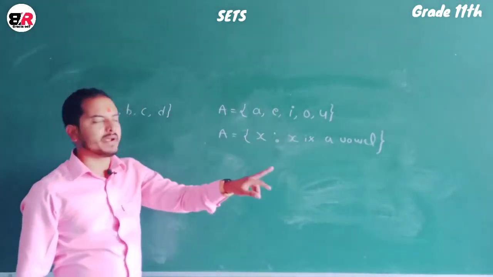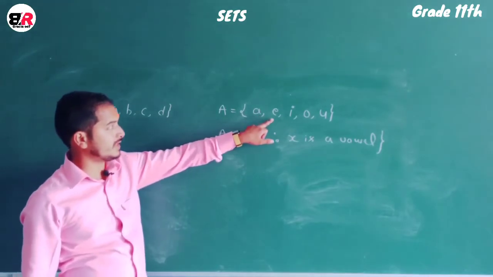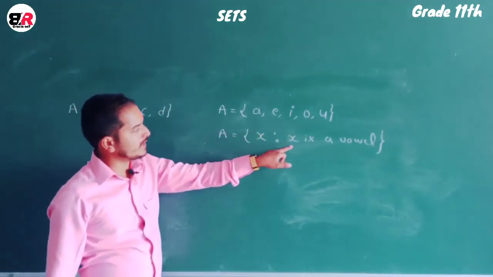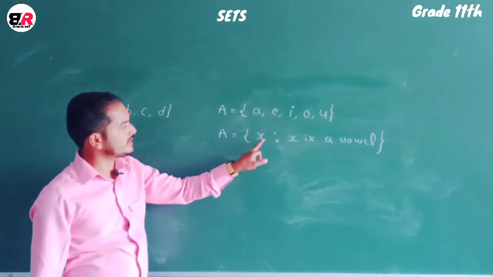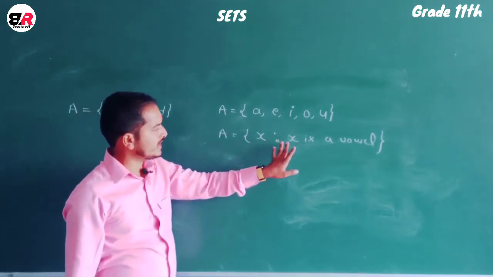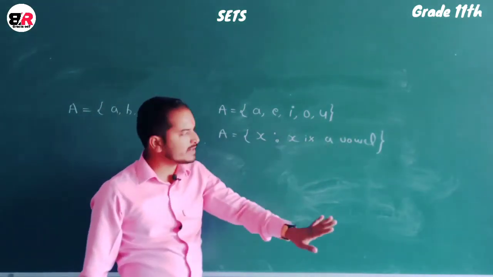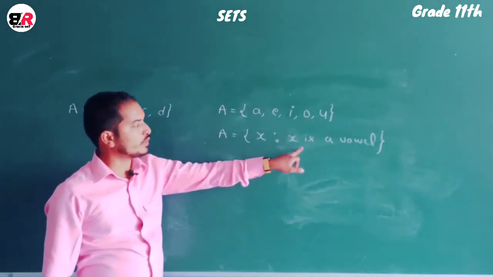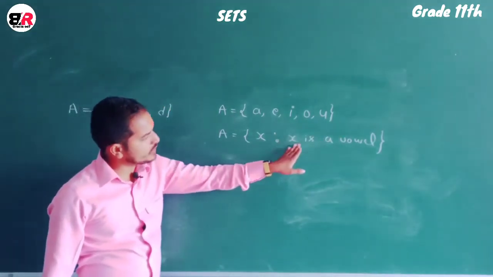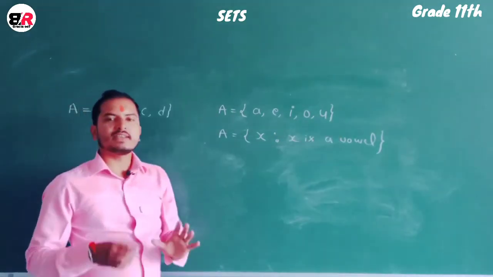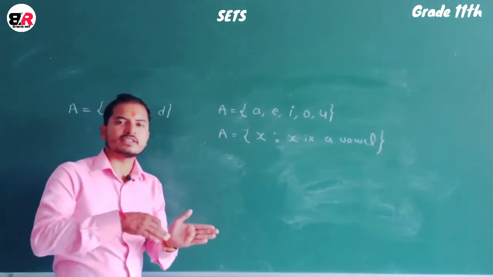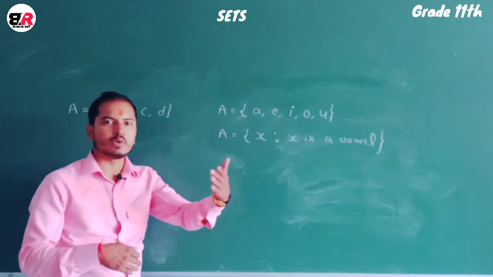Now take any element x, these are A, E, I, O, U. If I take A, then A such that A is a vowel. E such that E is a vowel. I such that I is a vowel of English alphabet. Similarly O such that O is a vowel of English alphabet. Similarly U such that U is a vowel of English alphabet. It means each element is possessing a single common property and that is not possessed by any element outside of the set.